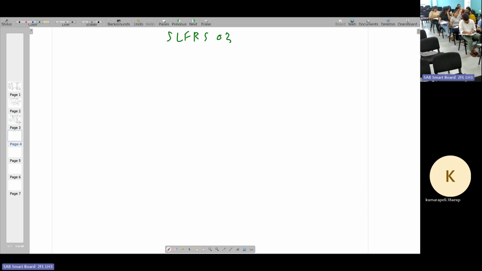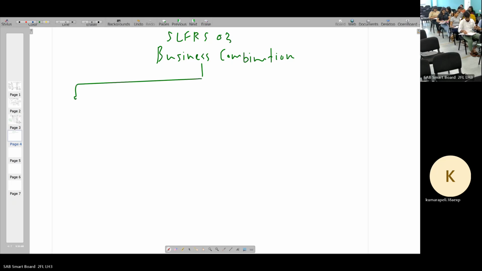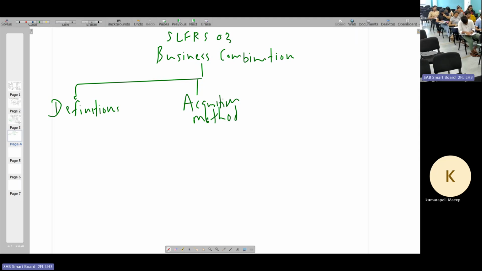SLFRS 3 business combination. Definitions. Then acquisition method.